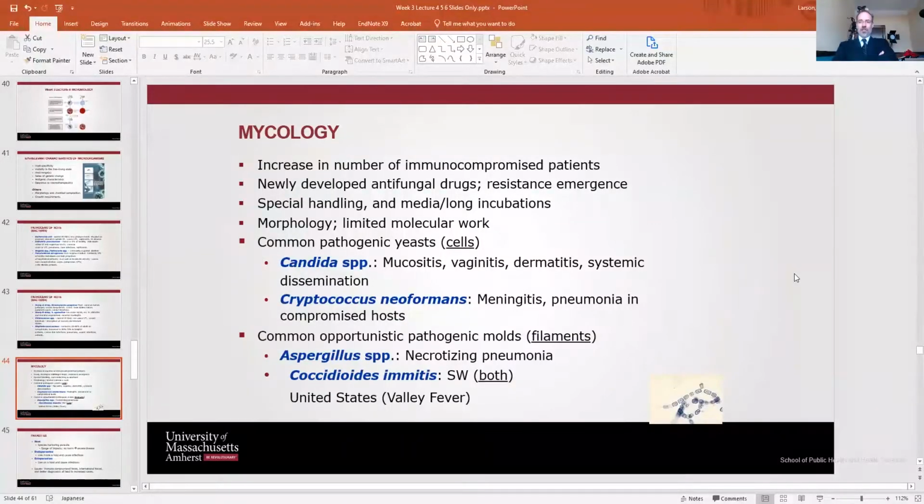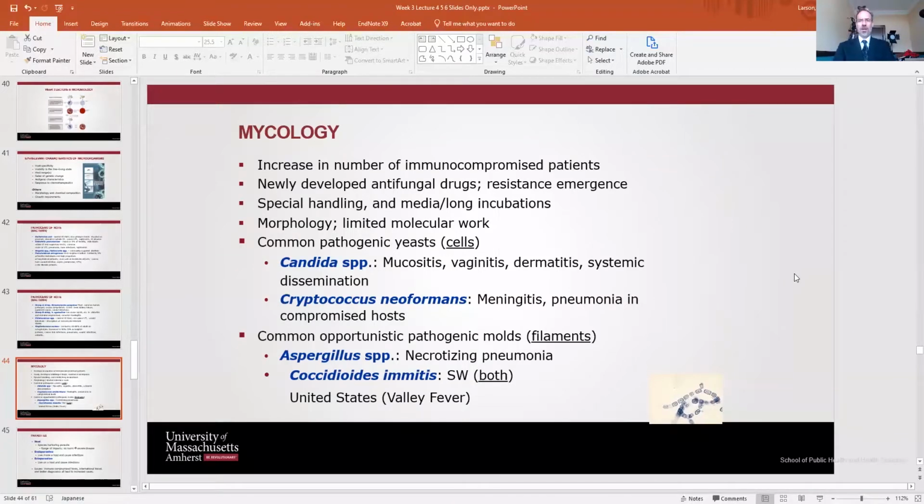Ecology: fungi. Increase in number of immunocompromised patients. Extremely immunocompromised people are at extremely high risk for fungal infections. Newly developed antifungal drugs, resistance is emerging for some.